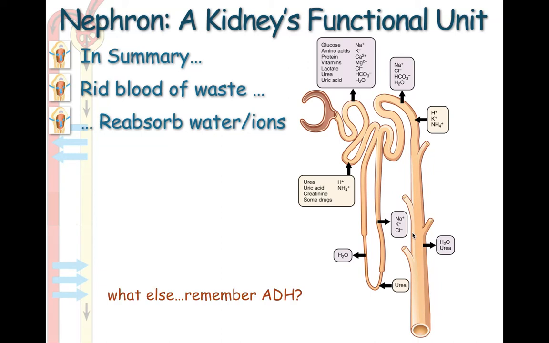Now, we haven't talked about ADH yet, so let's talk about it now. ADH stands for anti-diuretic hormone, and it is a key hormone in regulating water concentration in your body.